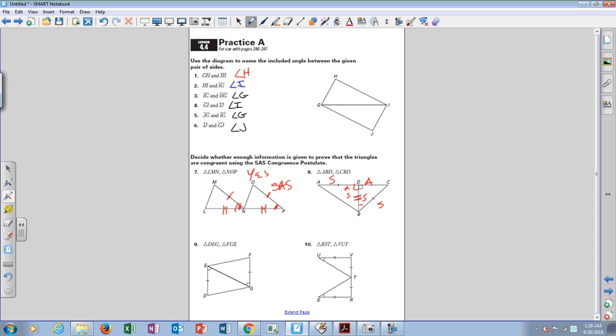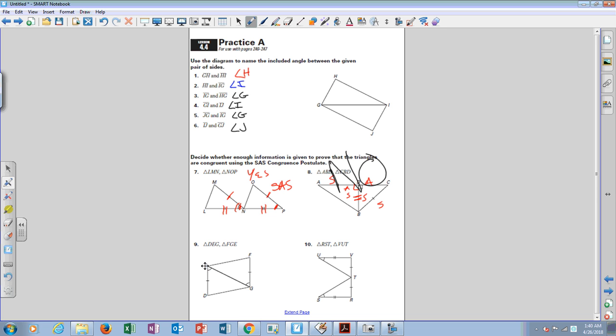See, there's no angle in between. If it would have been this angle, then yeah, it would have worked. But it's not. So this is ASS. If you believe that that works, then so be it. Angle side side does not work. So that would be no. Just make sure that your angle is included if you're using side angle side. Make sure it's the one in between them.